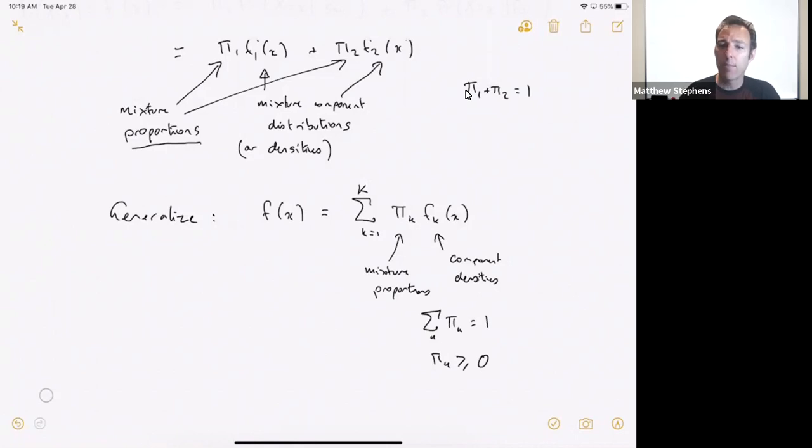Maybe it's helpful at this point to introduce what's sometimes called the latent variable formulation for mixtures.